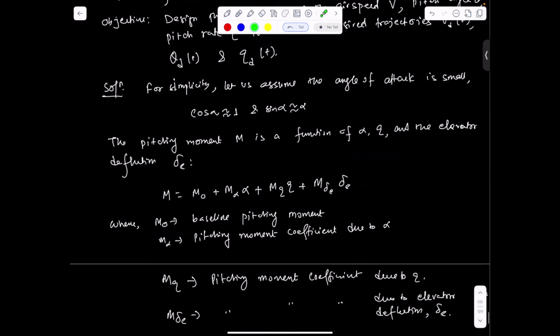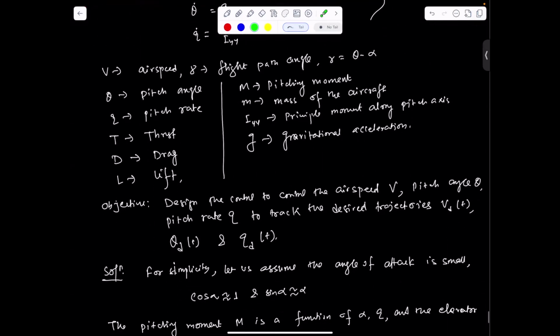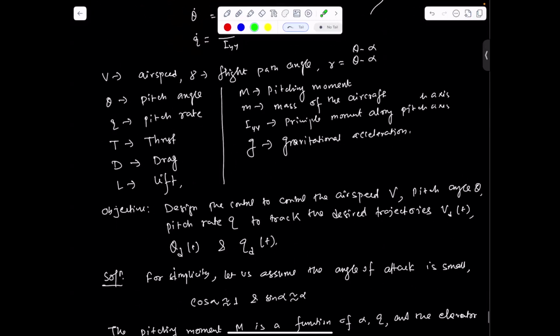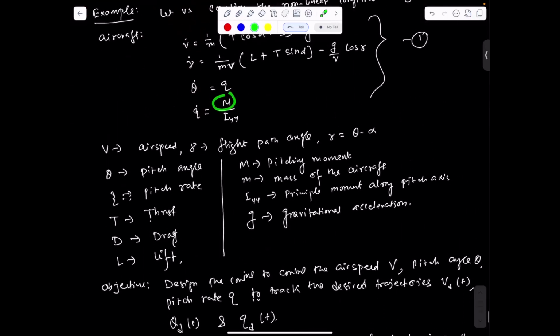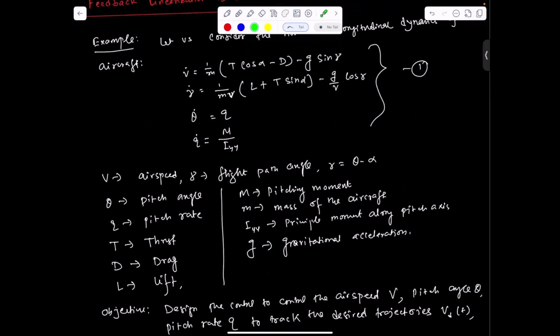Basically there are two control inputs, one is T and another is delta E. Delta E is going to provide the moment, which controls the pitch rate basically, and our thrust is going to control the velocity of the aircraft.